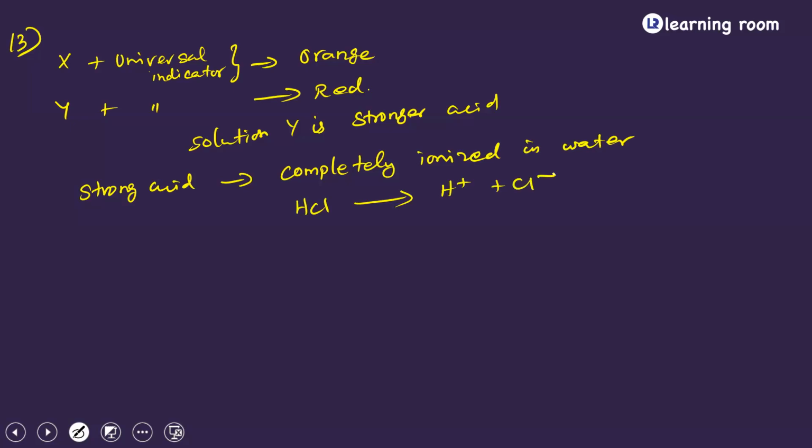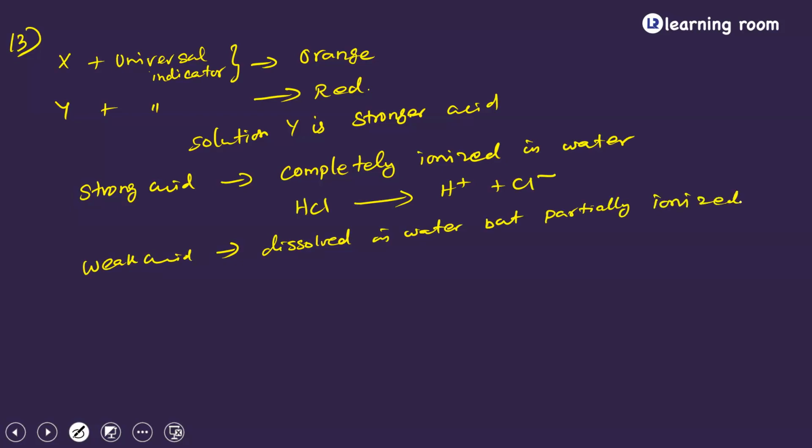A weak acid does not ionize fully. It is dissolved in water but partially ionized, not completely.